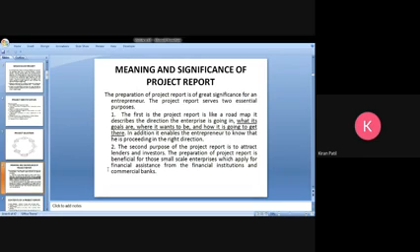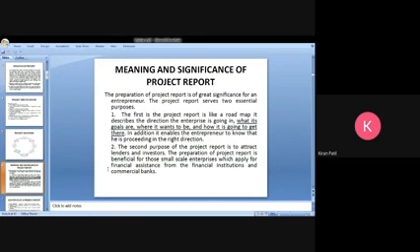Where do you want to achieve those things, and how to achieve it? All of these will be embedded in this project report. By having a project report, the entrepreneur can easily check if he is proceeding in the right direction.